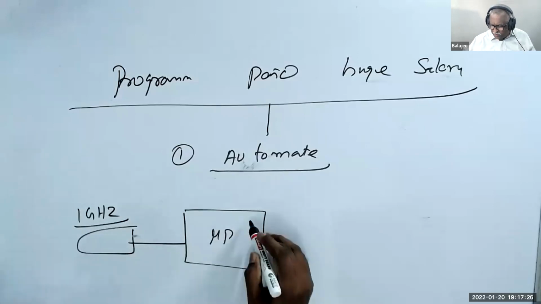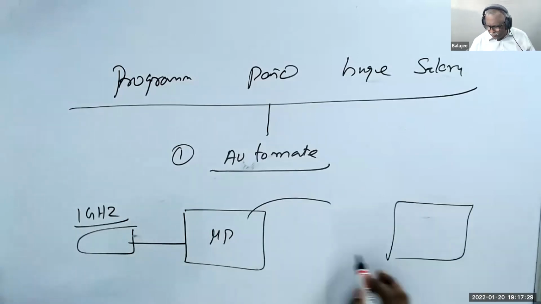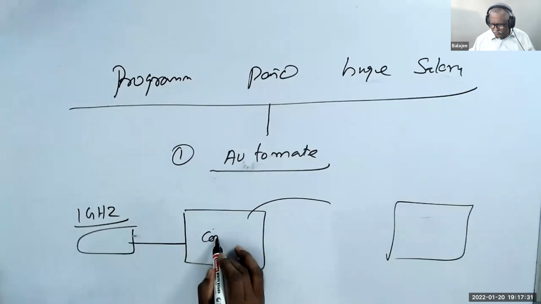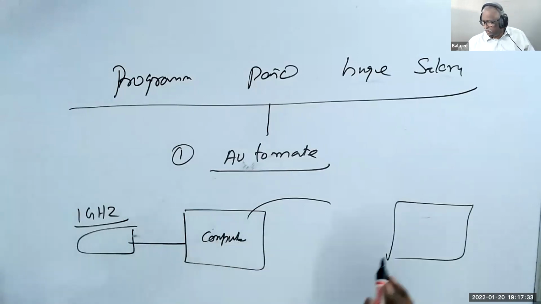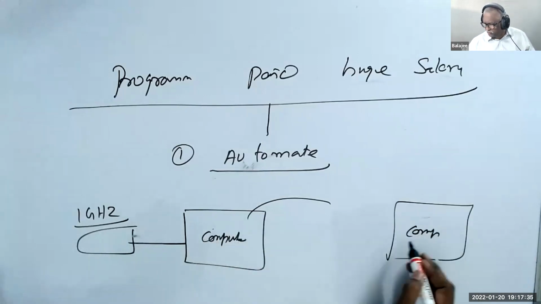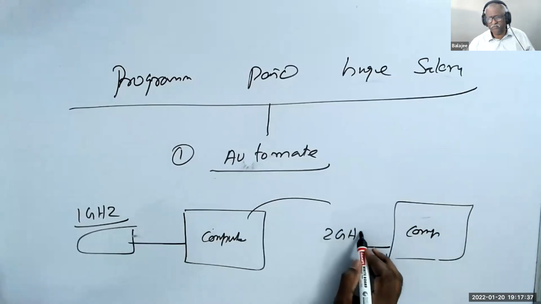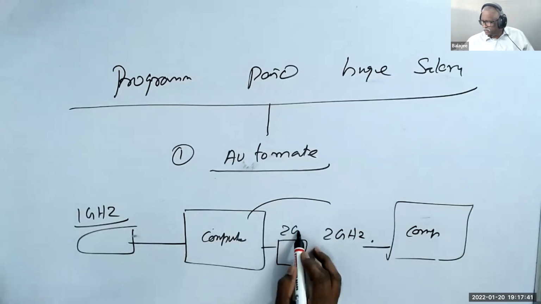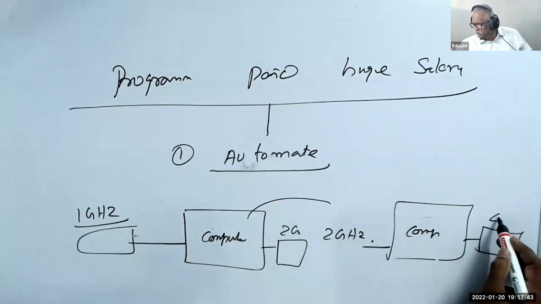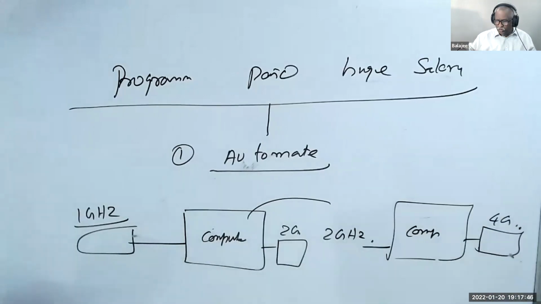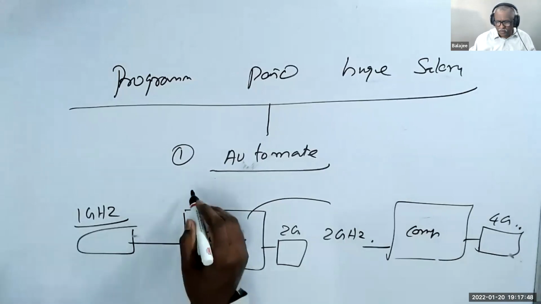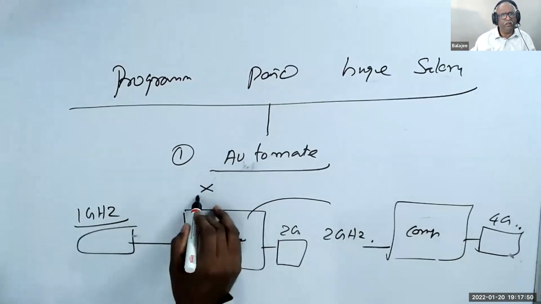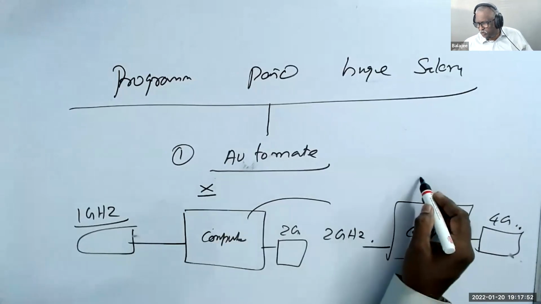Now, if you buy another computer, all are the same, but this one is running at 2 gigahertz. This I have with 2G RAM, and this I have with 4G RAM. Now this guy is giving a performance of, let us assume, X. This guy is giving a performance of 2X.